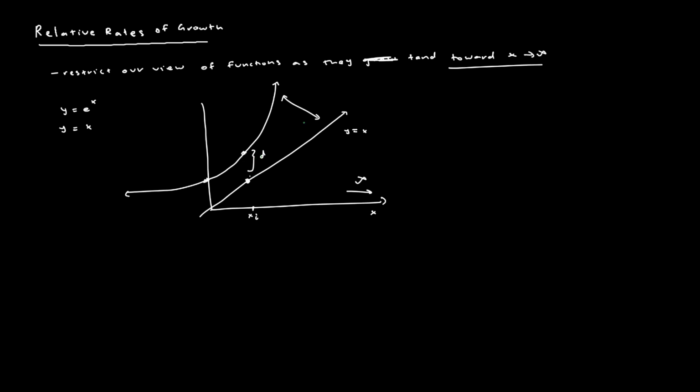But as I increase my value of x, the distance between the corresponding points on each curve will continue to increase, right? And when these distances continue to increase, that tells us that e to the x grows much faster than y is equal to x.